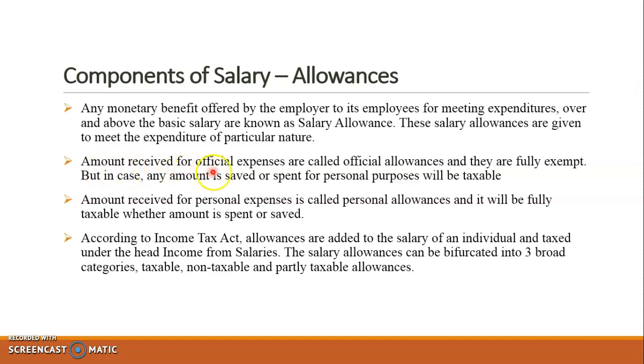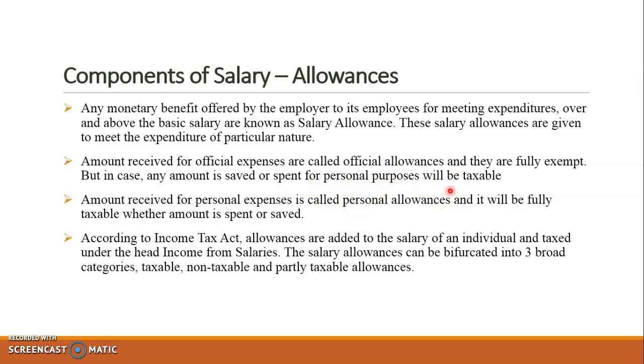Amounts received for official expenses are called official allowances, and they are fully exempt. Okay, official allowances are fully exempt, but in case any amount out of the official allowances is saved or spent for personal purposes, then such amount will be taxable.